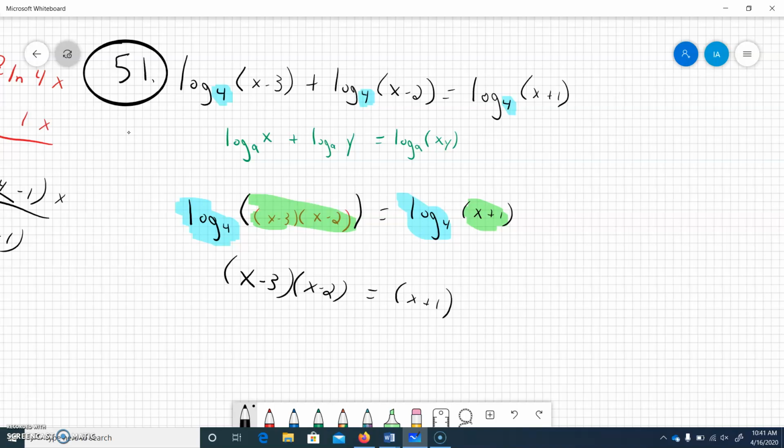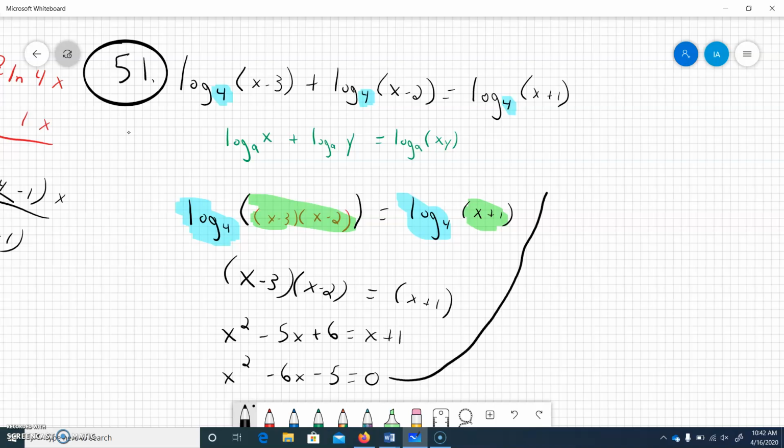But here we get this equation, which if we multiply out this side, x squared minus 5x plus 6 equals x plus 1. So we're looking at a quadratic.